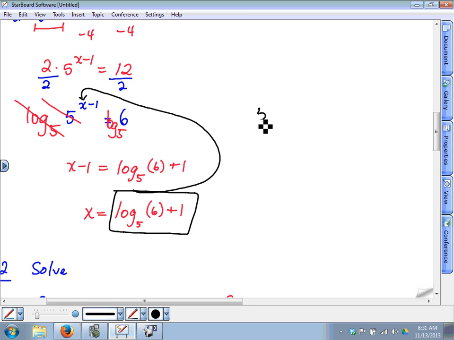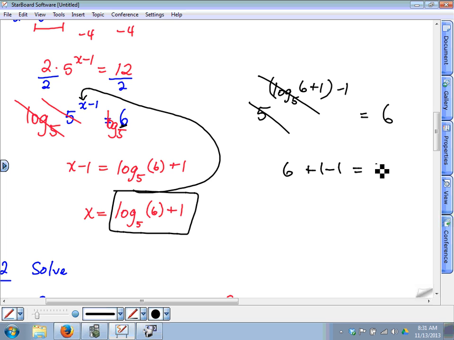What we would have is 5 to the log base 5 of (6 plus 1) minus 1, and that's supposed to equal what? It's supposed to equal 6, right? Well, does it? 5 cancels the log base 5, right? Now the 6 plus 1 is no longer an exponent. It's just an expression. 6 plus 1 minus 1 is supposed to equal 6. Is that true? Yeah, because those cancel. So those aren't that bad to check either. It's worth it to take the time to check these.